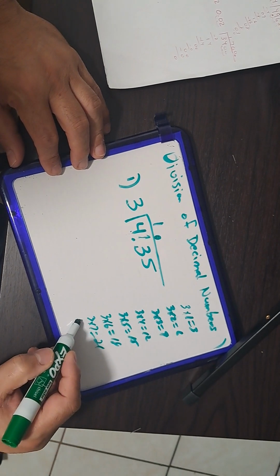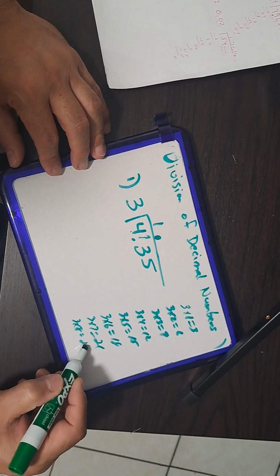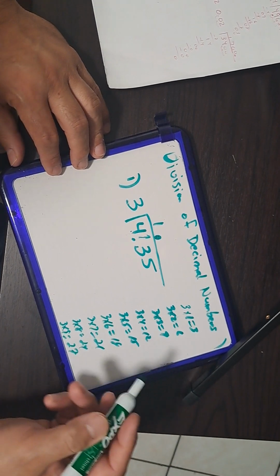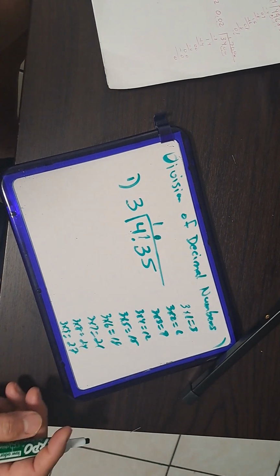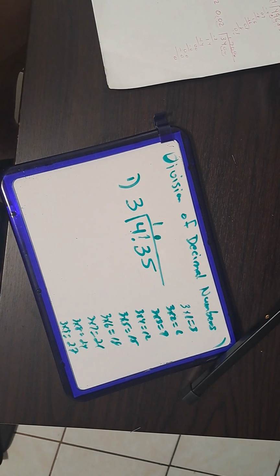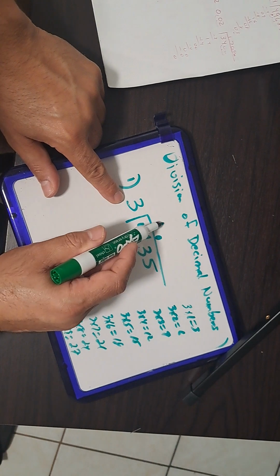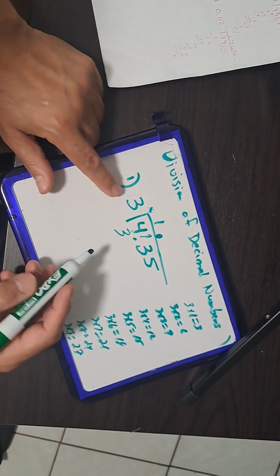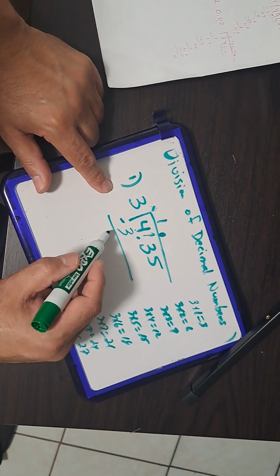It takes a little bit of time, but if you don't know them, it's better that you just write them down and then you have no problems. So you have 1 times 3, you have it right here. That'll be 3. Next step is subtracting.